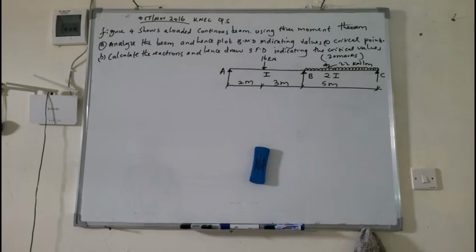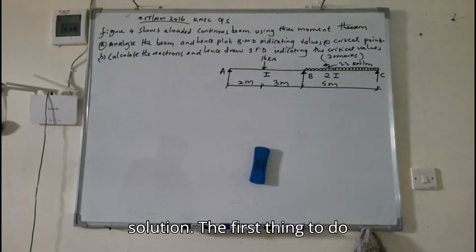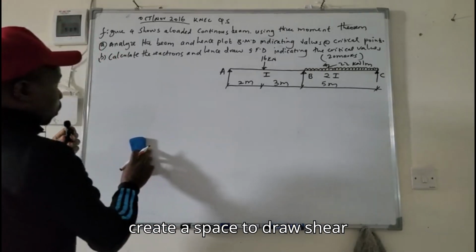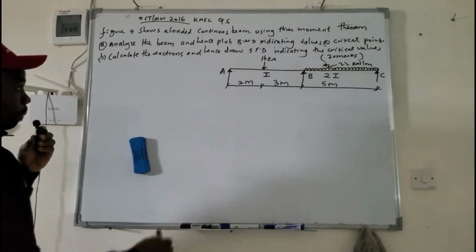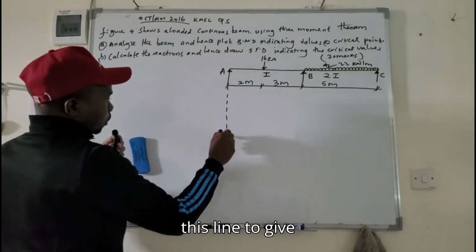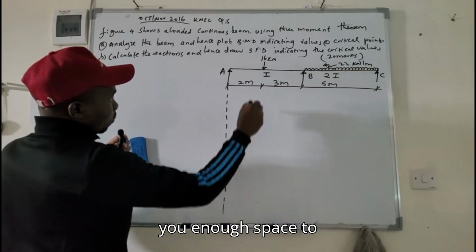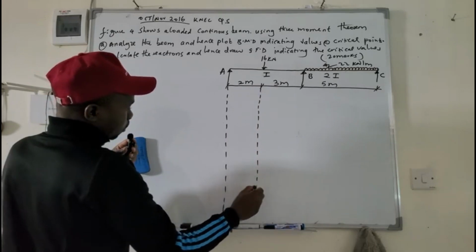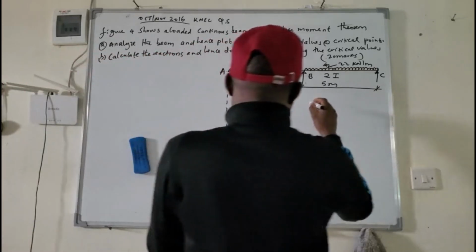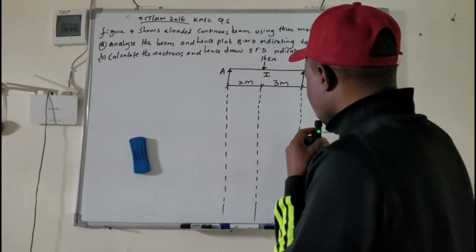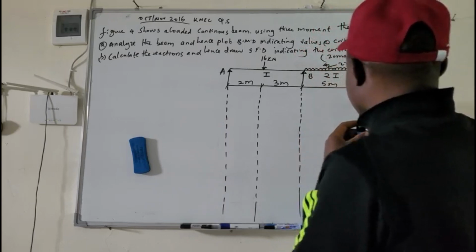So solution. The first thing to do when you are given such a question is to create a space to draw the shear force and bending moment diagram. So extend this line to give you enough space to draw the diagram required, like that.